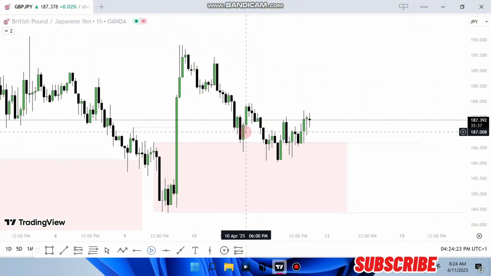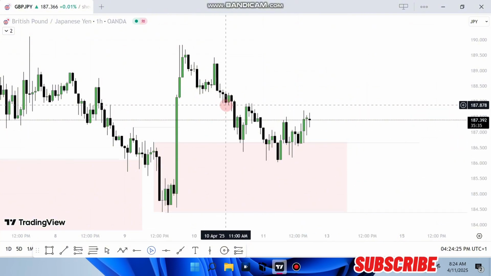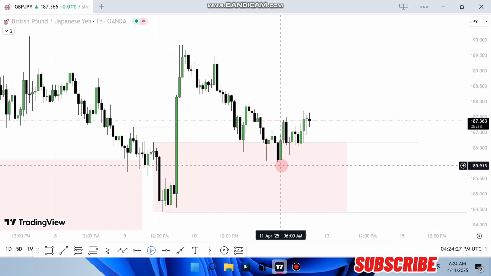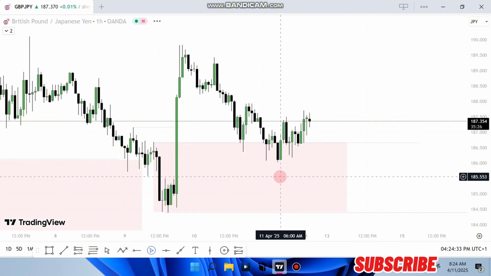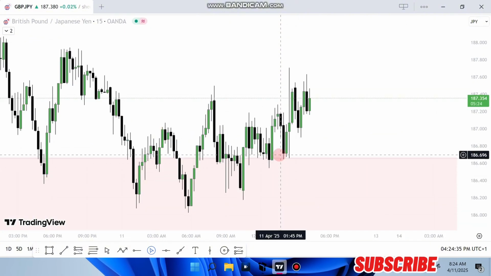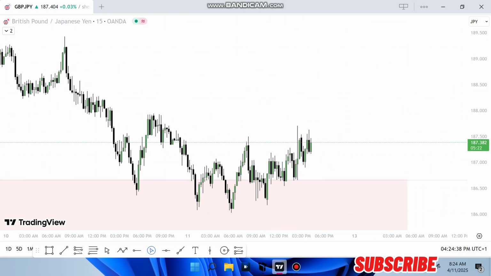So this is the 4-hour order block right here. I left it. I was still anticipating for price to use the supply to trade inside the zone, and that's just exactly what price did. So if you go to the 15 minutes, this morning, I opened my Asian session indicator.